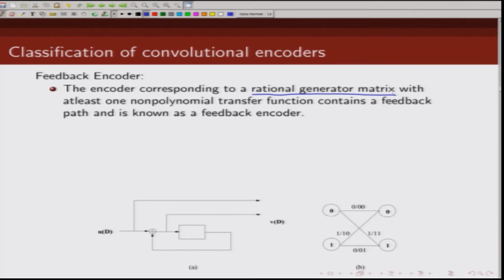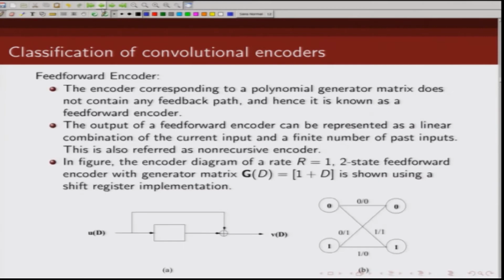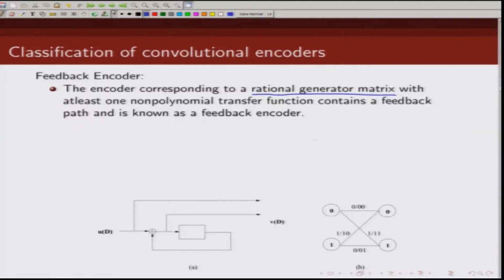Please note, for a feed forward encoder, we had a polynomial generator matrix, whereas for a feedback encoder, we have a rational generator matrix with at least one non-polynomial transfer function containing a feedback path from the output to the input.